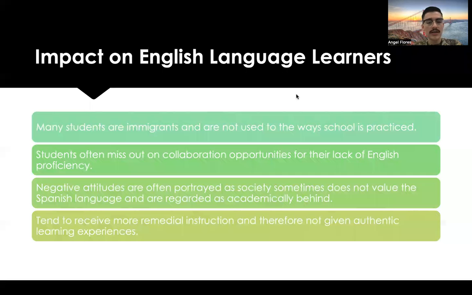Now, the big question is, how does this impact English language learners? Well, many students who are English language learners are immigrants and are not used to the way school is practiced. So many students come from different countries. They don't know the way the school system works here.